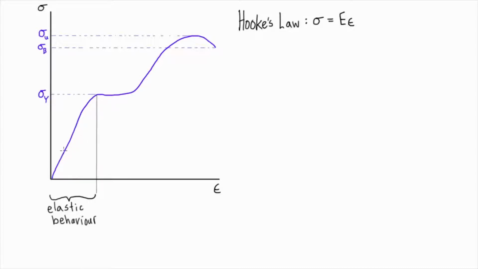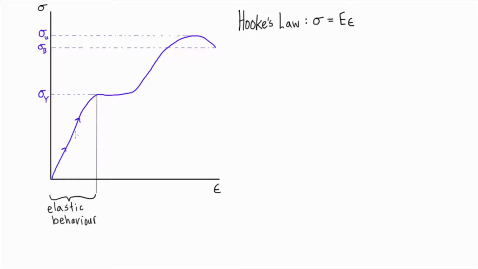Just to recap, if we load a member with a slowly increasing amount of tension, we're going to get more strain building up in there. As the strain increases, the internal stresses increase, as long as we keep loading with our axial force.